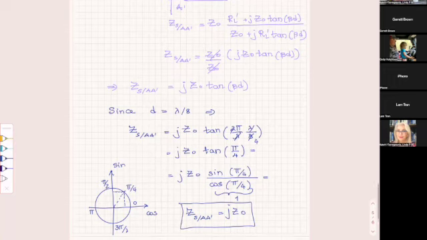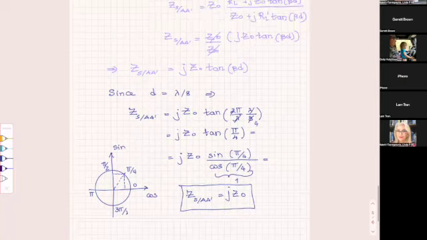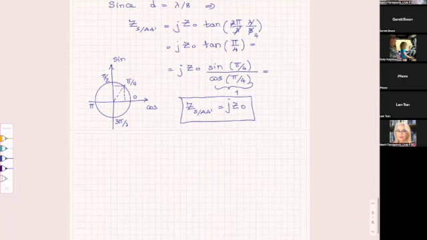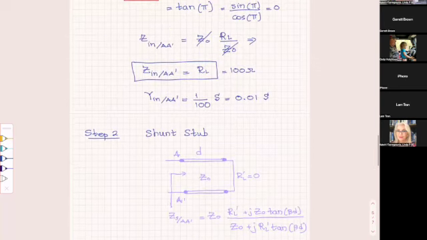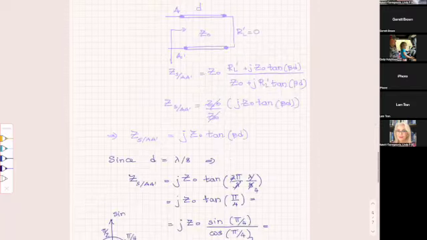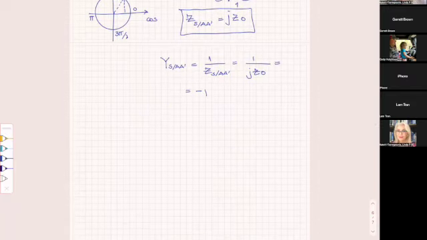Now from there we have to find Y sub S at A prime, which is 1 over Z sub S at A prime, which is 1 over j Z naught, which is minus j 1 over Z naught.